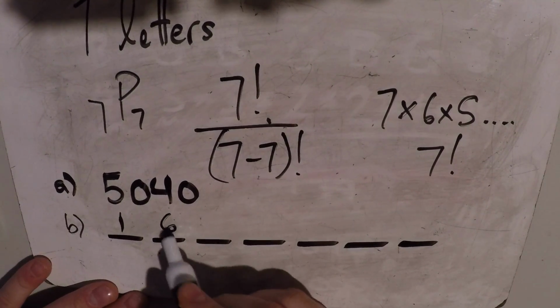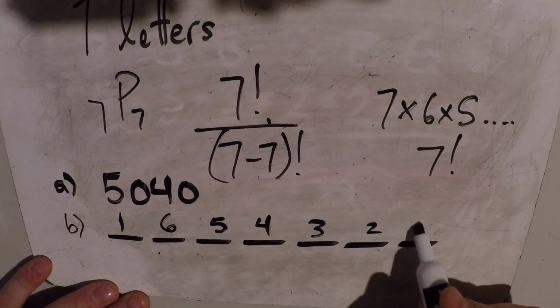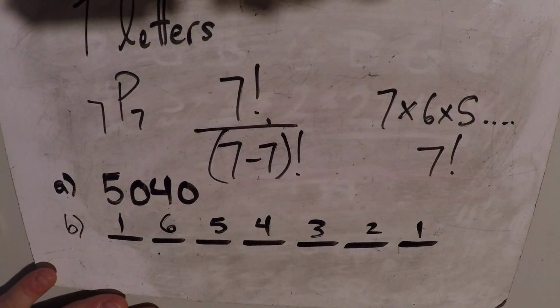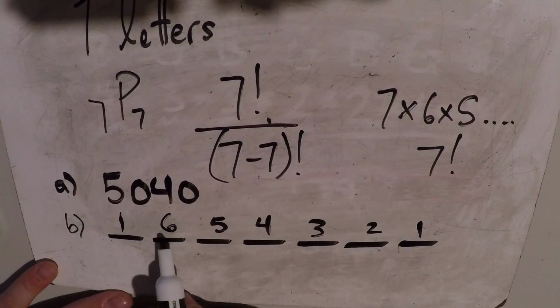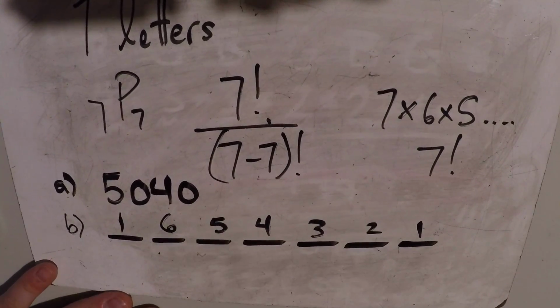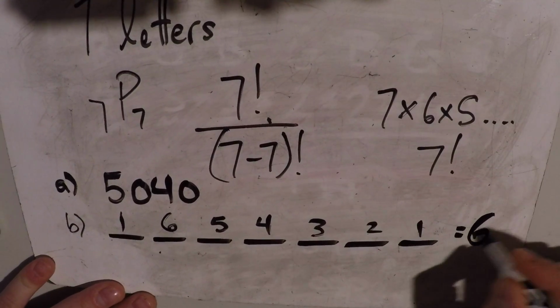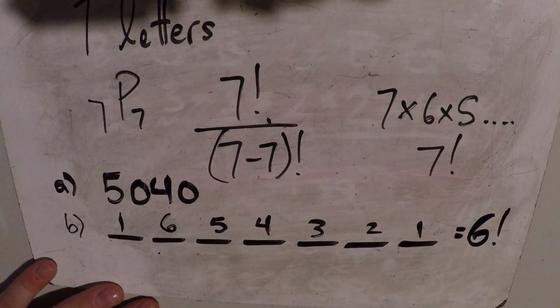We have 6 letters left. Again, we want arrangements. It's a permutation. Order's important. If we use it second, we can't use it third. If we use it first, it was an N. It can't be in the second position. When we work this out, 6 factorial.